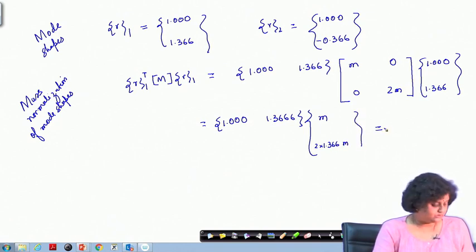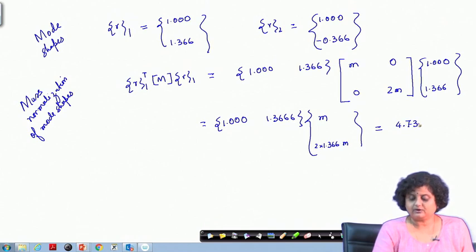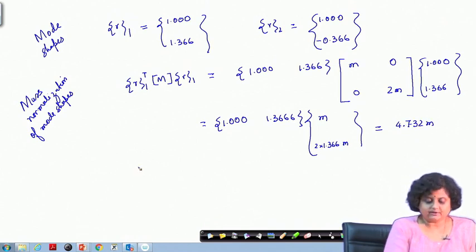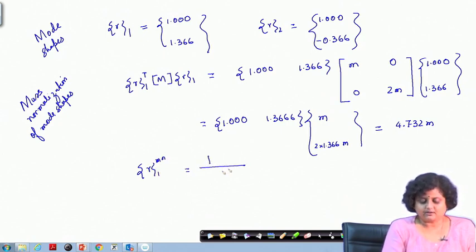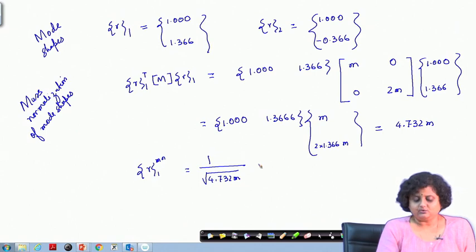If you evaluate this product, this is going to be 4.732 m. Therefore, R1 mass normalized is 1 by root over 4.732 m into 1.000 and 1.366.